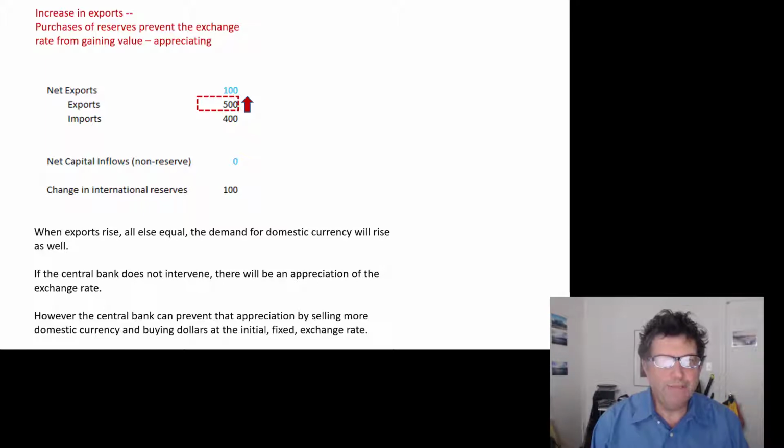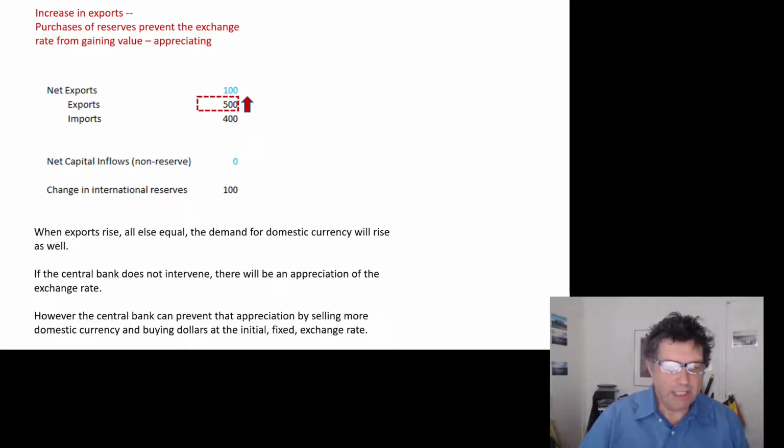In the other direction, let's suppose that we have a sudden surge, like a windfall of exports. In this case, exporters will be coming with their dollars once again, and they'll be asking for more domestic currency. That would place pressure on the value of the domestic currency to rise.